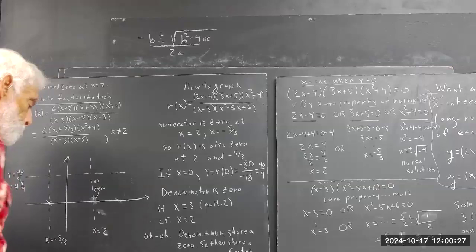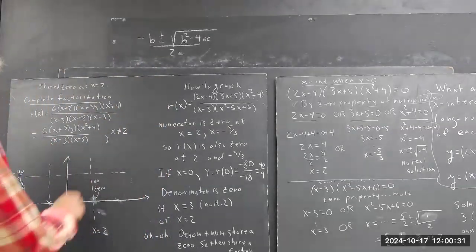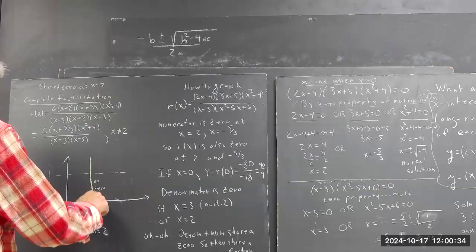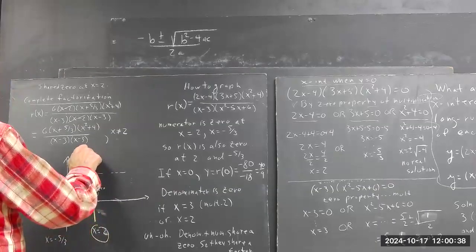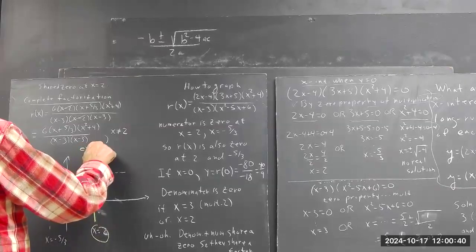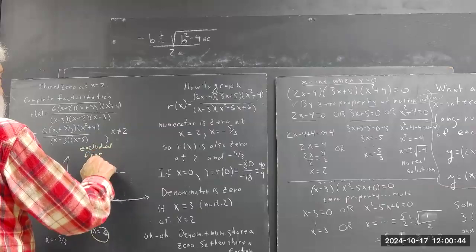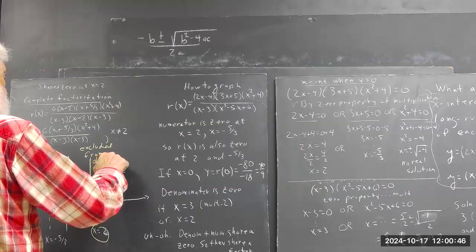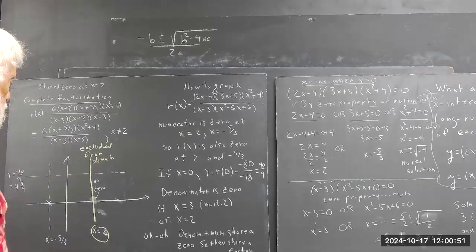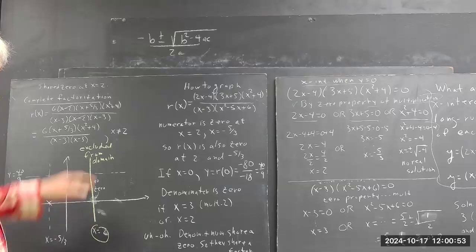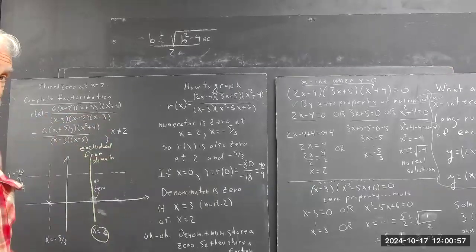No 0 here, and x equals 2 is excluded from the domain because x equals 2 makes the denominator 0.